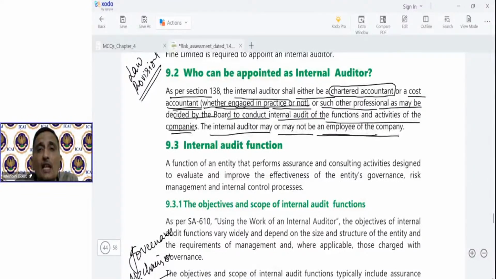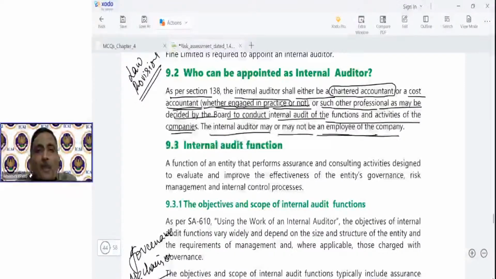So for jobs in the industry, you would not be required to obtain a certificate of practice. Okay. So you would be an employee of the company, but you are a member of ICAI. You would be a member of ICAI, but you are an employee of the company.